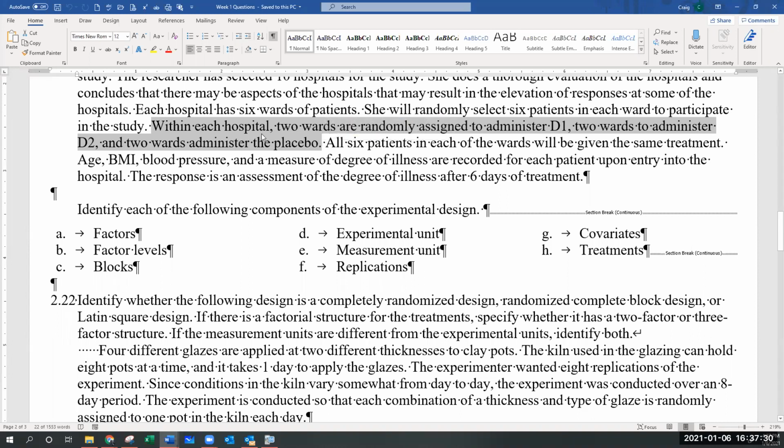Within each of the 10 hospitals, we randomly choose 2 wards to give drug 1, 2 wards to get D2, and 2 wards to get the placebo. Because that is what's happening within each block, that's being replicated 10 times across the 10 hospitals. That's our replication, what we're doing in each block.